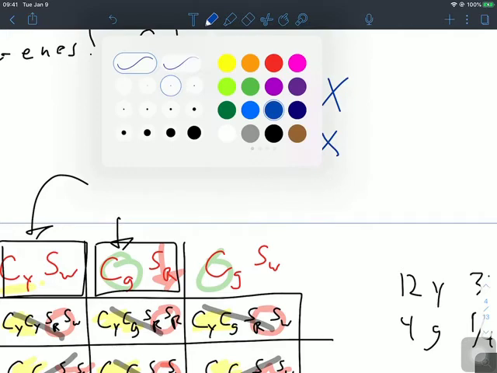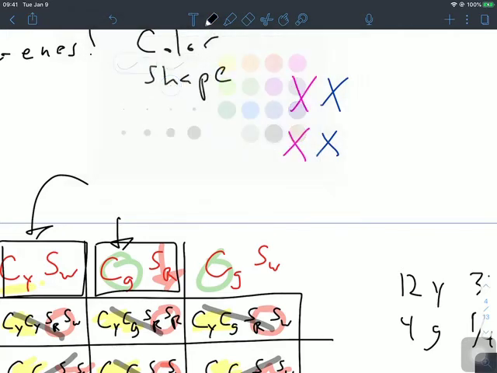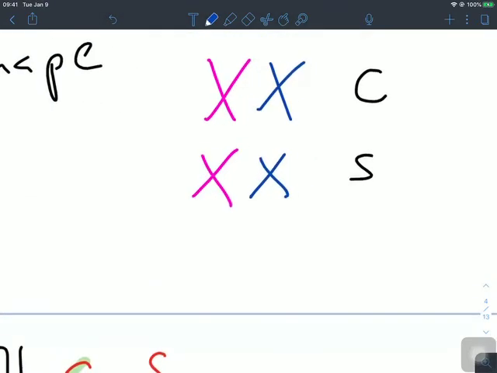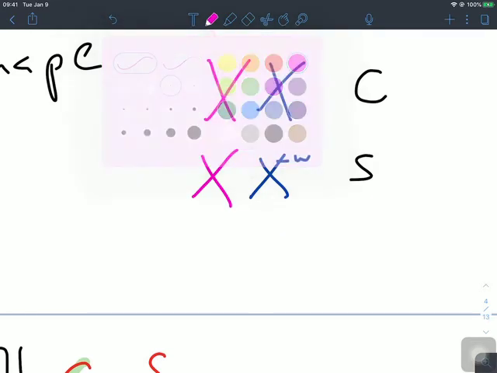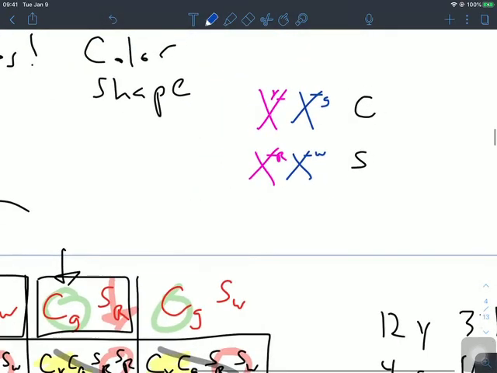Here are two chromosomes. This chromosome here is the color chromosome, has the color gene, and this chromosome here is the shape chromosome. Let's say that our dad allele is wrinkled on shape, and our mom allele is round on shape. And let's say that our mom allele on color is yellow, and our dad allele on color is green.